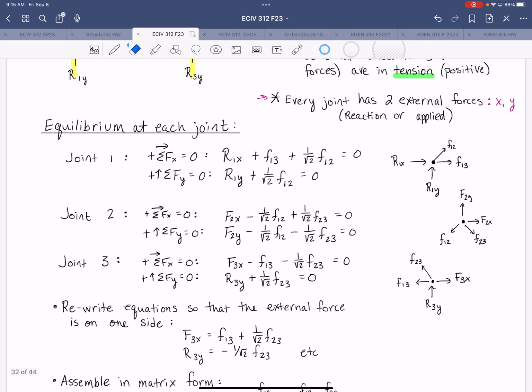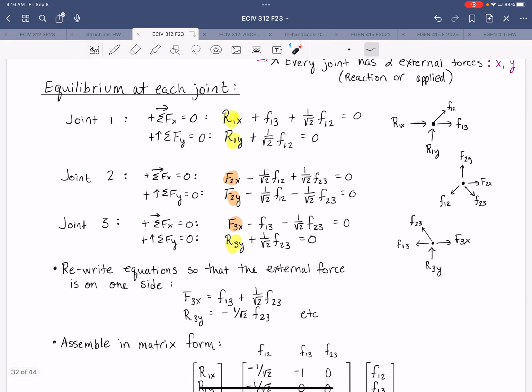Once you've done that, we have every equation, because we have 2 equations per joint. Every equation includes exactly one external force, no more.